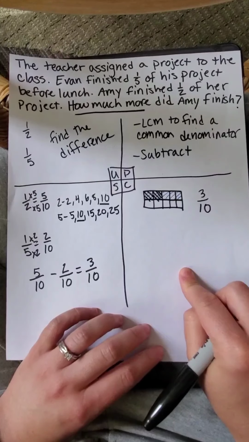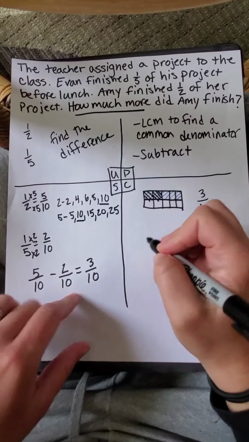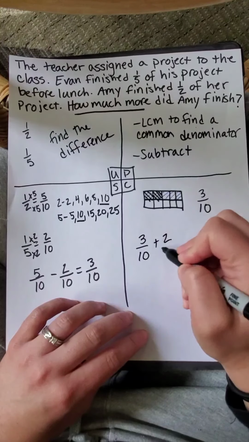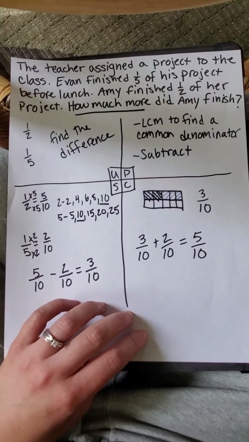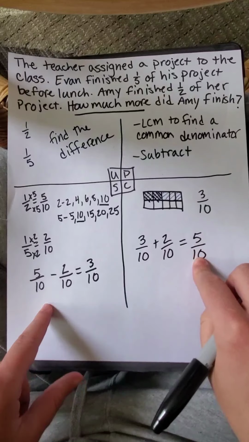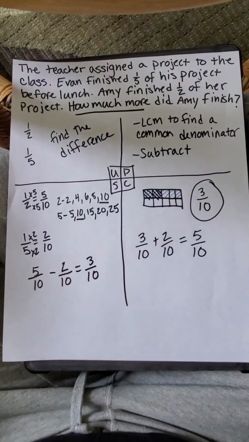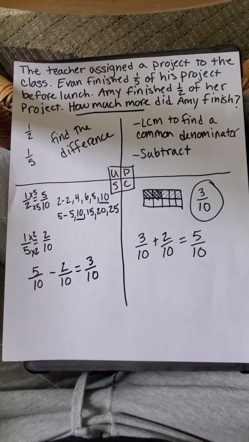If you want to check your subtraction, you can just add these two fractions together. Okay, and it worked. So 3/10 is my answer, and that's how you use the UPSC to solve word problems with fractions.